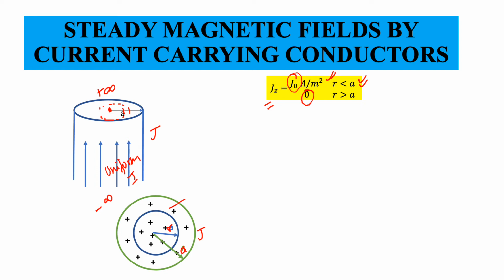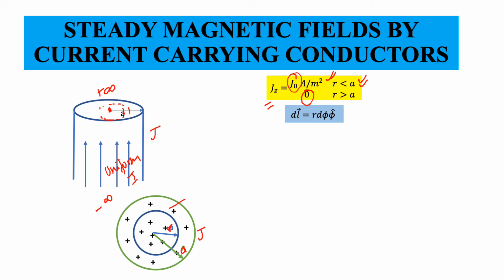This is the radius a, and we are considering the inside radius r in order to apply the Ampere law. So inside r, first we find out what would happen to the left hand side of the Ampere law, and then we will see the right hand side.